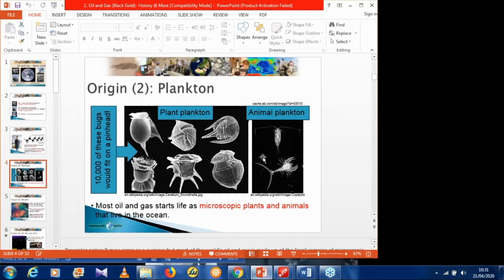About 10,000 of these fit into a pinhead, so just imagine how minute they are: microscopic plants and animals that live in the depths of the ocean. Usually what happens is that they get compressed over time by the accumulation of earth and soil.